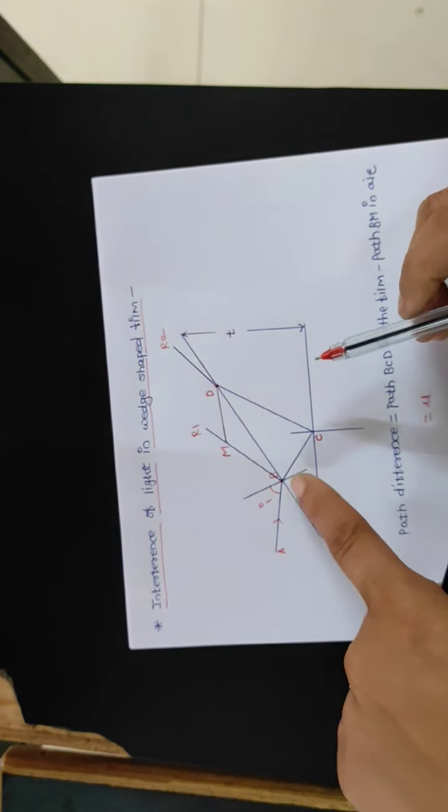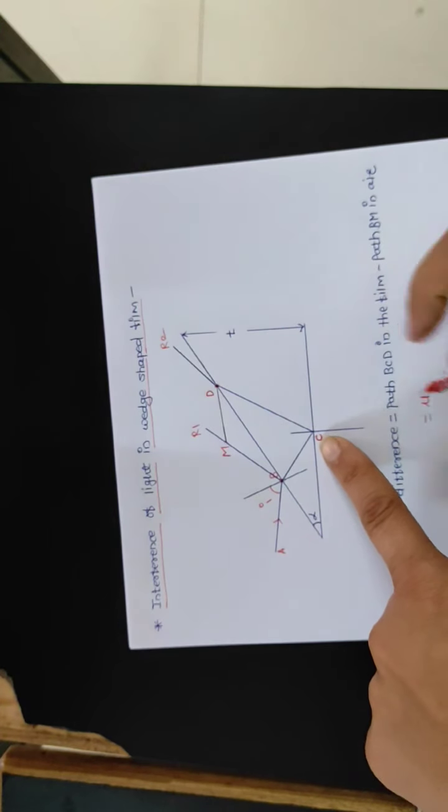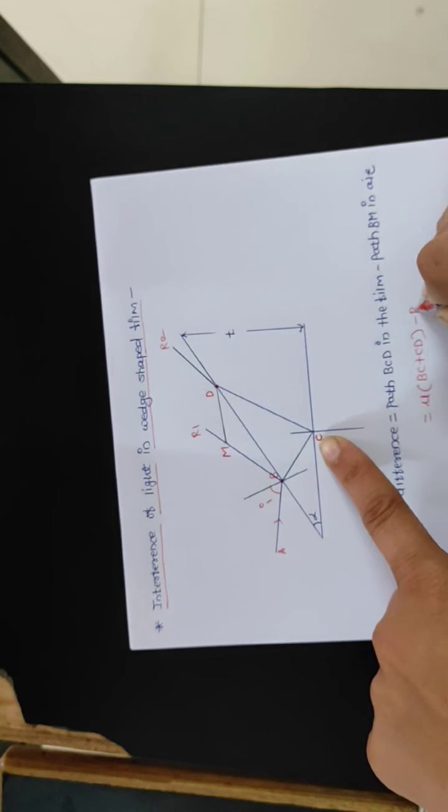mu into path BCD, which means path BC plus CD, so mu into BC plus CD minus BM.